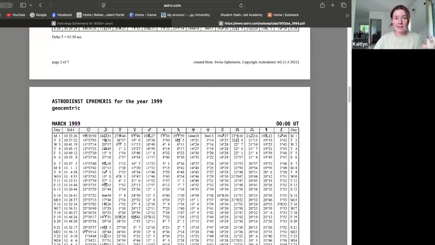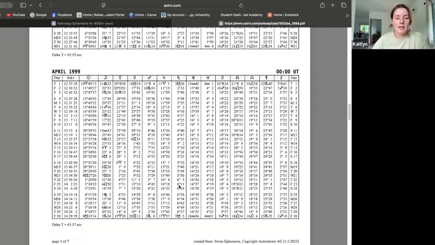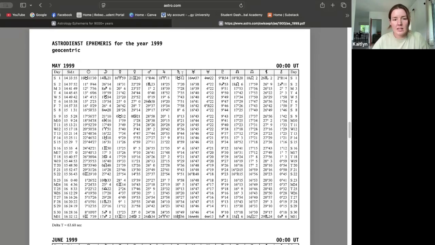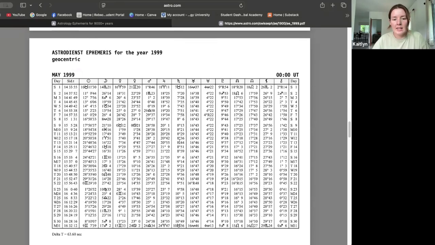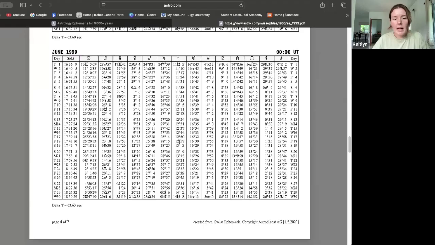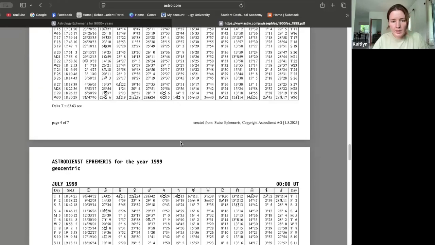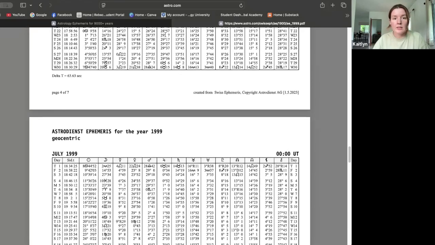Now, I was 7 years old or 6 years old, I guess, when it first went in. I may not remember that time, which is totally fine as well. So let's just look for 15 degrees, and you'll see that it's going to go forwards, and then it will retrograde and go backwards a little bit. So you may notice that it's moving closer and then further and then closer again.